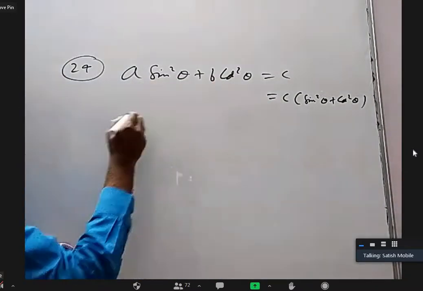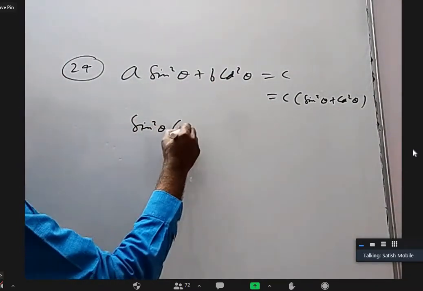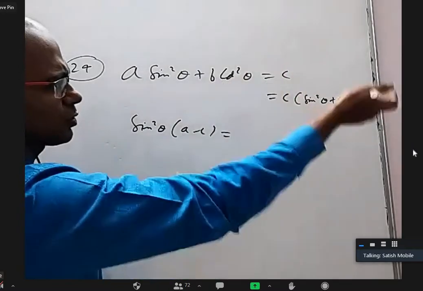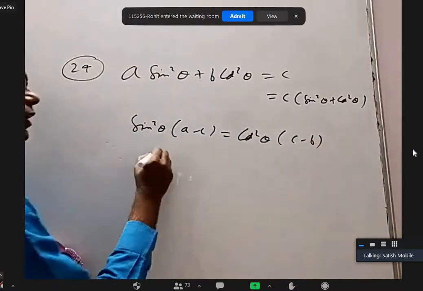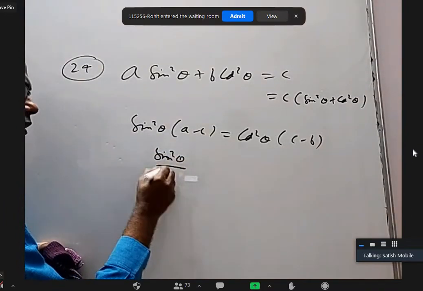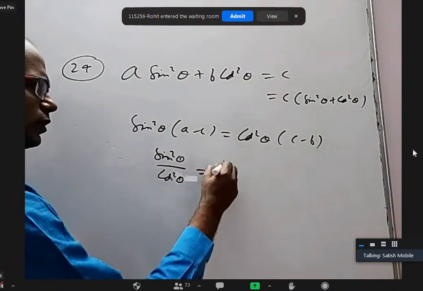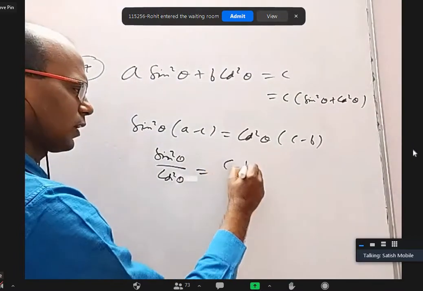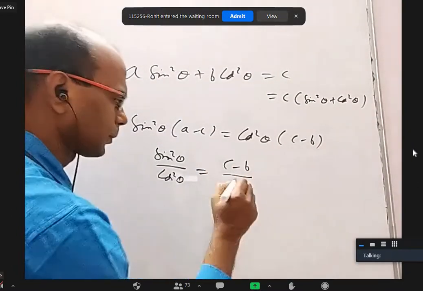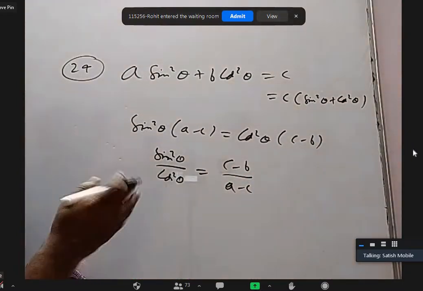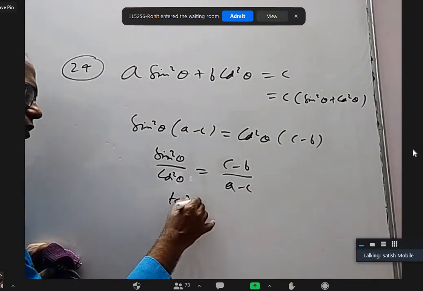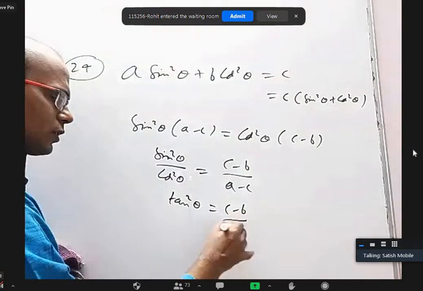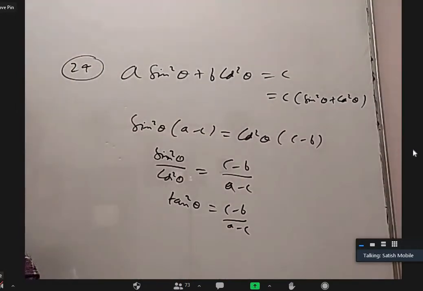Now bring sin square to one side, we will get sin square theta into a minus c. Cos square is sent to that side, we will get cos square theta common, c minus b. Divide, we will get sin square theta by cos square theta is equal to c minus b by a minus c. That is tan square theta. So you will get tan square theta equal to c minus b by a minus c. This is one way to do it.